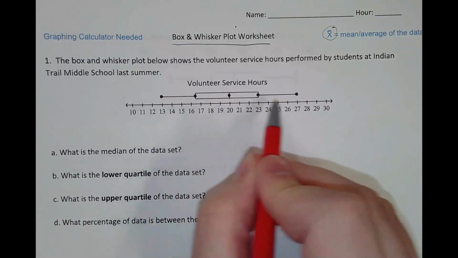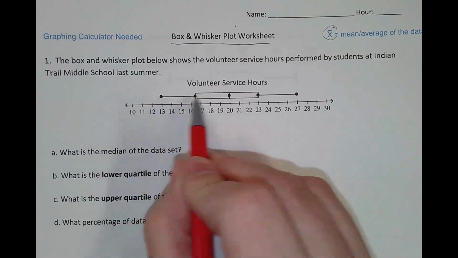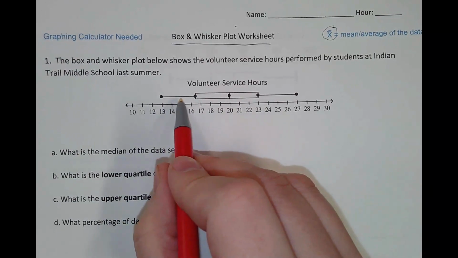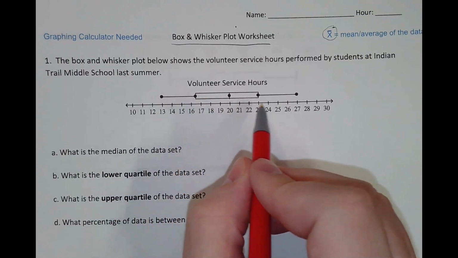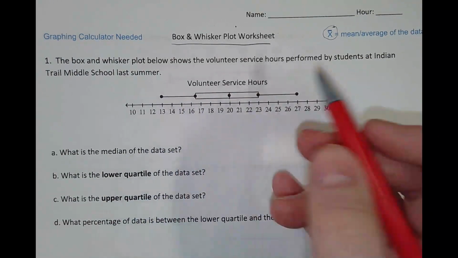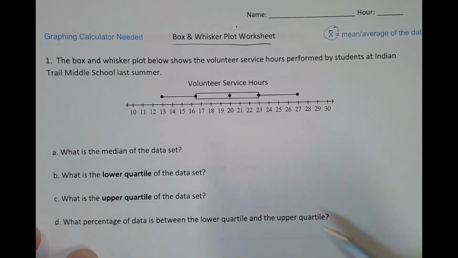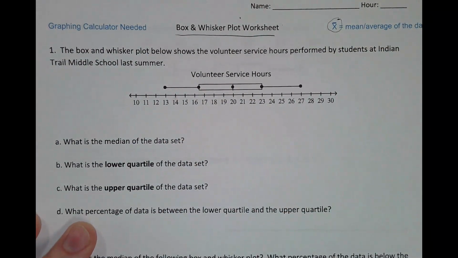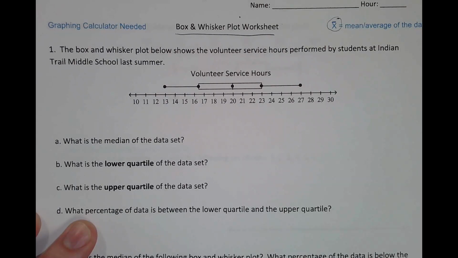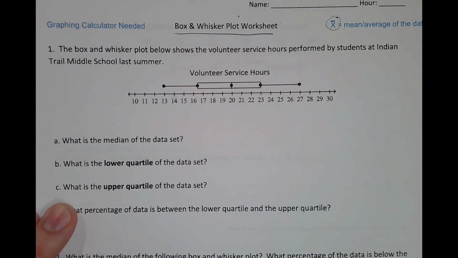And some people had data in between that, meaning they did serve some hours in between 13 and 27. So let's answer these 4 questions based on these service hours and this box and whisker plot.